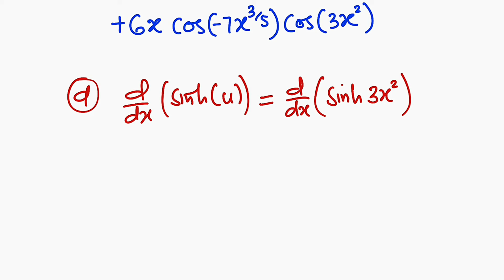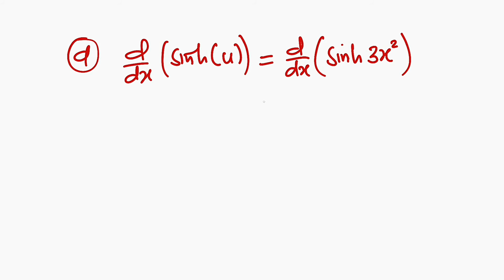All right, we are going to apply chain rule here. This is equal to, let us take the derivative of the inner function first, which is 3x squared. That will give us 6x. Then we multiply by the derivative of sin 3x squared, which is going to give us cos 3x squared. So this is just the derivative of hyperbolic sine of u.